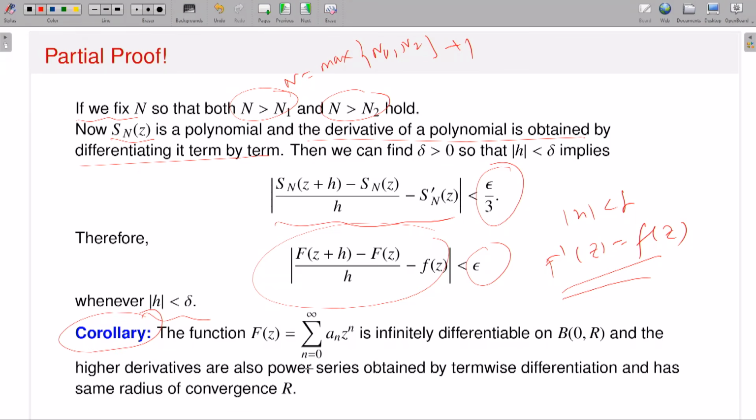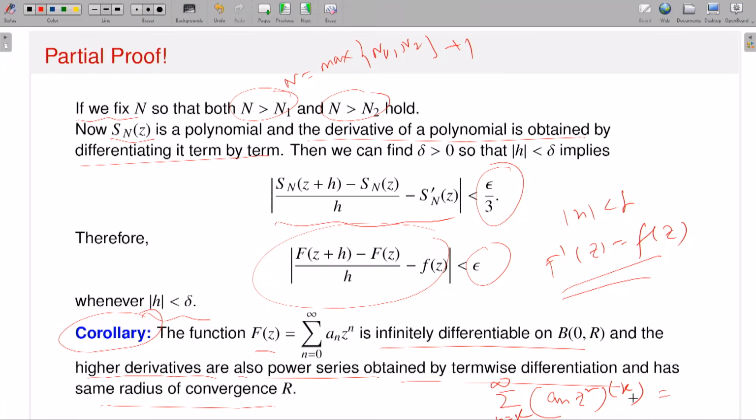One small corollary I have said. Though I have proved only the existence of the first derivative, the function capital F is infinitely many times differentiable, and the higher order derivatives are also power series obtained by term-wise differentiation and have the same radius of convergence. That means if I consider a new power series, which is nothing but the kth derivative of a n z to the power n, it may start from k to infinity.